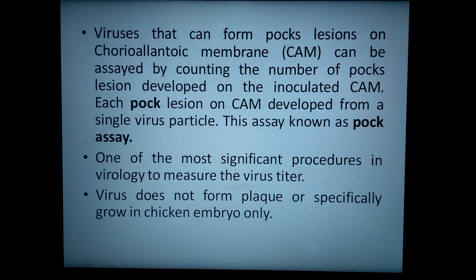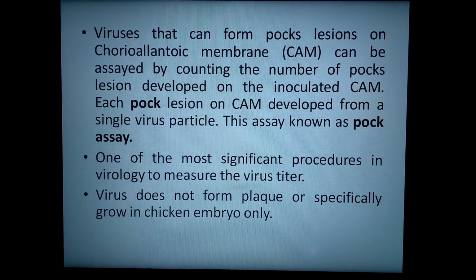Viruses that can form pock lesions on the chorioallantoic membrane can be assayed by counting the number of pock lesions developed on the inoculated CAM.